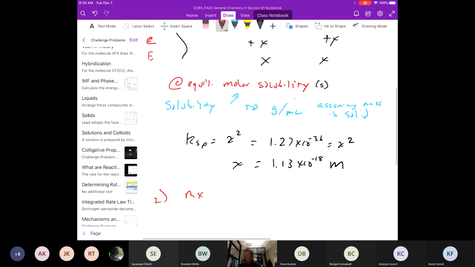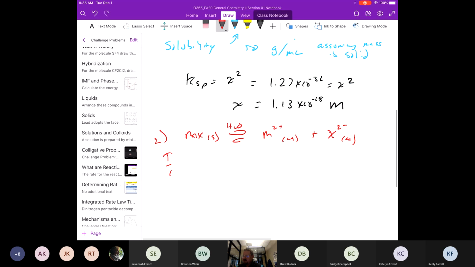So we still have MX as a solid in equilibrium with M2+ aqueous plus X2- aqueous. We can set it up the very same way.